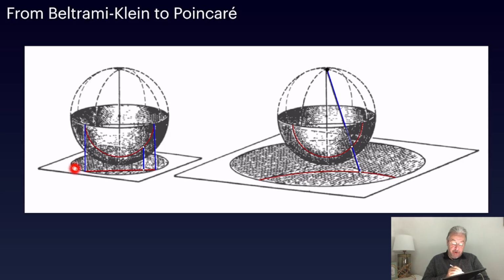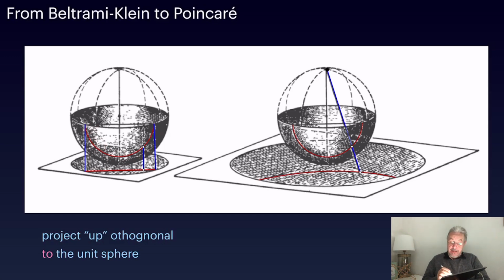So you take your Beltrami Klein disk and you take a line in the Beltrami Klein disk, and then you project it orthogonally up to a unit sphere sitting exactly on top of that disk, and your line becomes a circular arc. Actually, it becomes a half circle here in the lower hemisphere of your unit sphere.